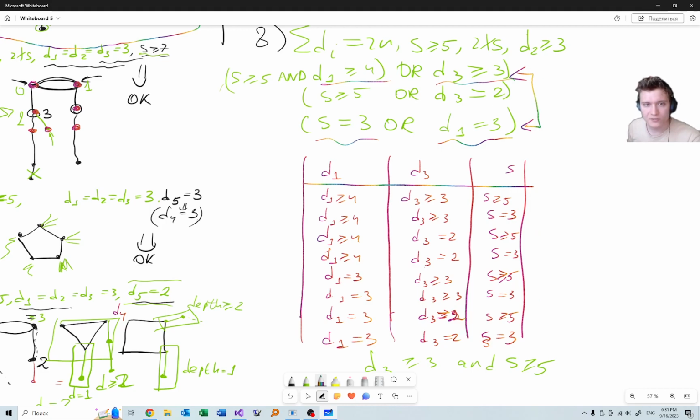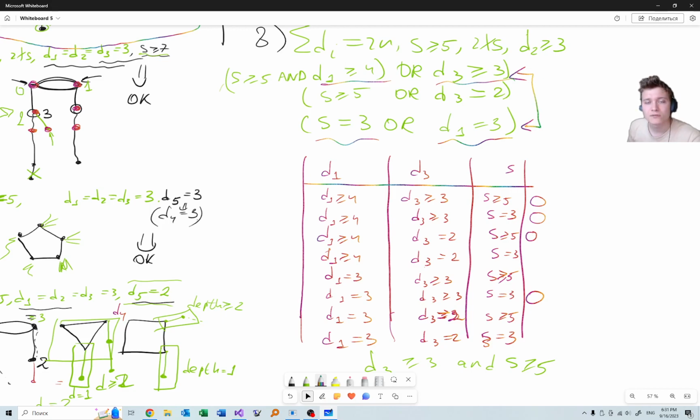So let's put zeros. So we should put 0 when s is at least 5 and d1 is at least 4. This is here and here. Now we should put zeros when s is 3 and d3 is at least 3. Okay, here.